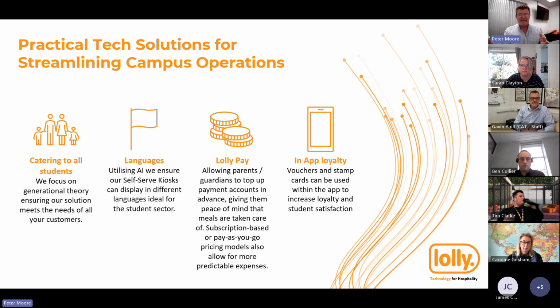So really just taking some of the stuff that Tim was talking about, and what the focus is. We talked about practical tech solutions, really. And one of the things we focus on is what we call the generational theory. I know most of you know that, but you've sometimes got 5 generations, 4 normally, of staff and students in your environment.